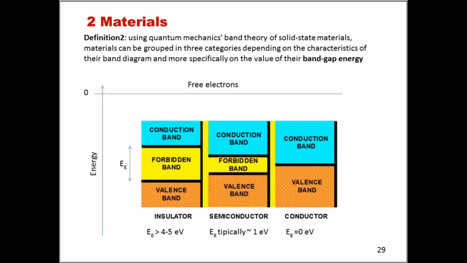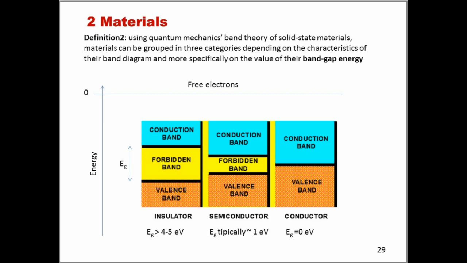Now, as physicists, though, we could move on and consider a more quantitative definition for these three categories of materials. Using quantum mechanics and the band theory of solid-state materials, we could categorize conductors, insulators, and semiconductors using what we call the band gap of the material.